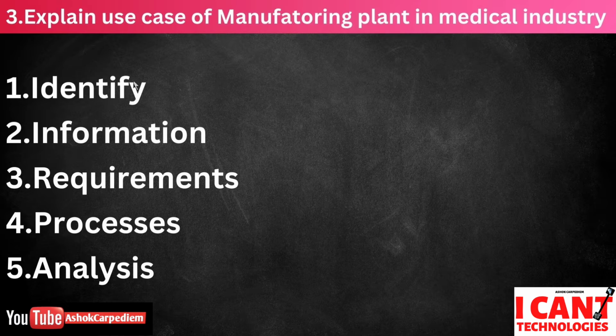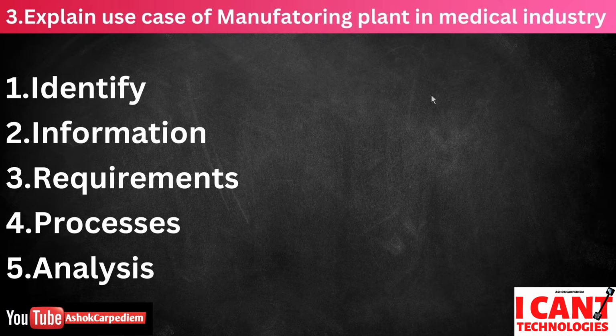First we will identify, then collect all the information. The first is the medical industry, so we will check what the medical industry is. In the medical industry we have medicines, medical equipment, syringes, injections, so many parts. First we identify the industry and its products, then we get information about the industry.